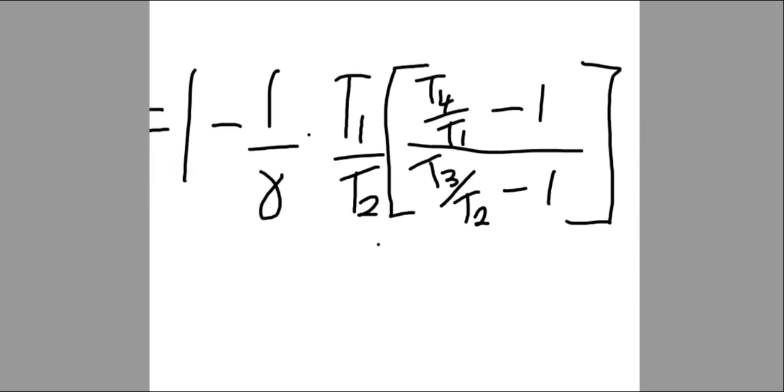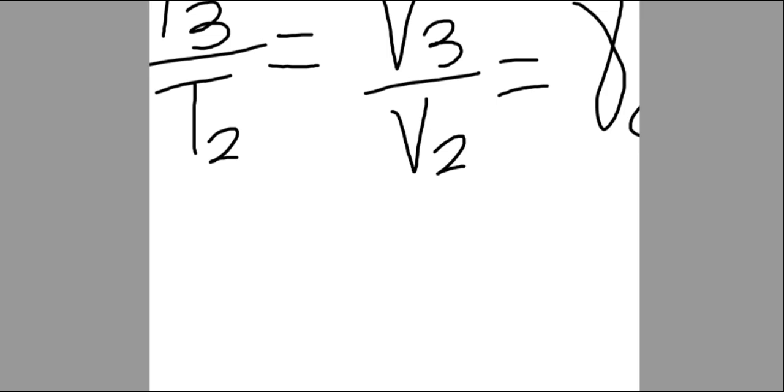And now what about our T4 and our T1? We might not be able to get the value for T4 over T1 directly, so we might need to do some manipulations over here. First of all, we deal with T4 and T3.